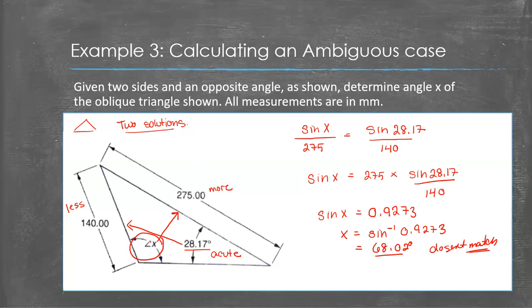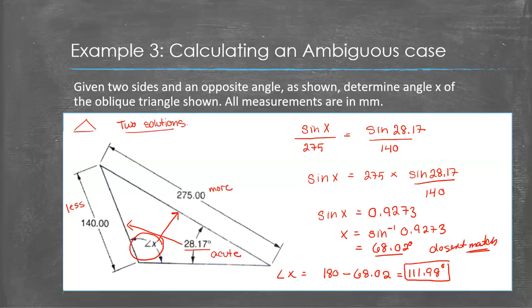So the other possible solution for this is going to be 180 minus 68.02. The angle that we calculate, we have to subtract from 180 to correct it. Basically, we're making an adjustment, and we get 111.9 degrees.